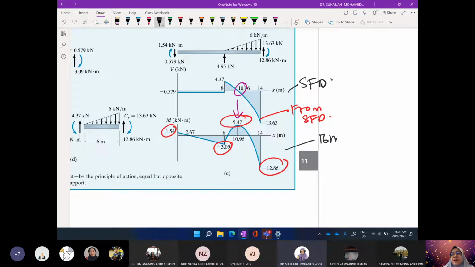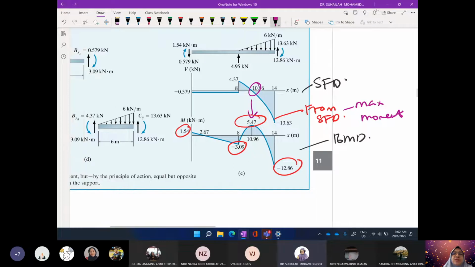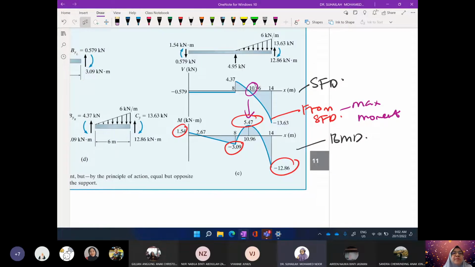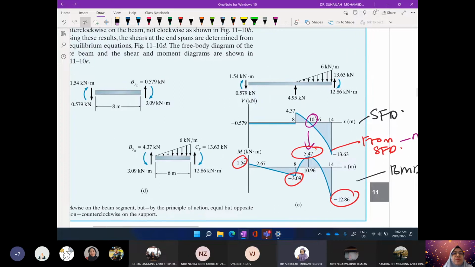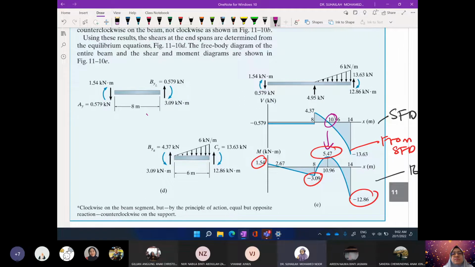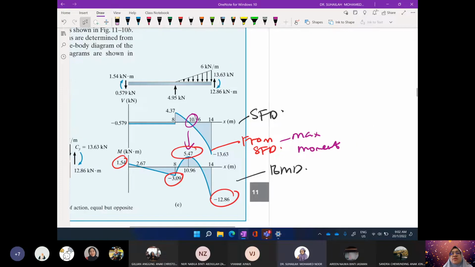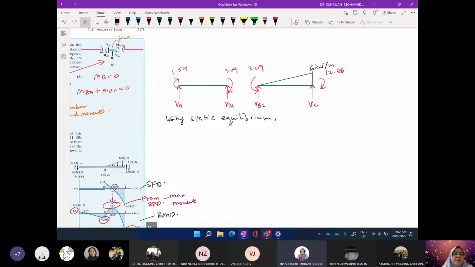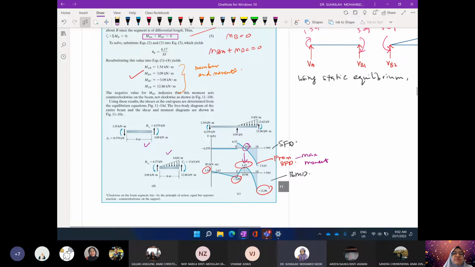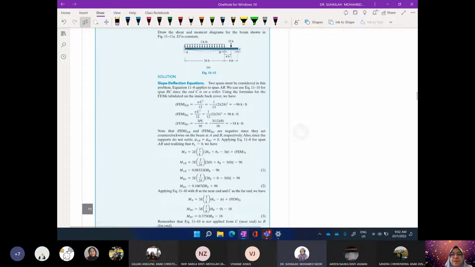But if you want to determine the maximum moment in the bending moment diagram, we can get it from the shear force diagram. And to draw the shear force diagram, we need to analyze this and this using static equilibrium. So we actually do the same for the moment distribution method.